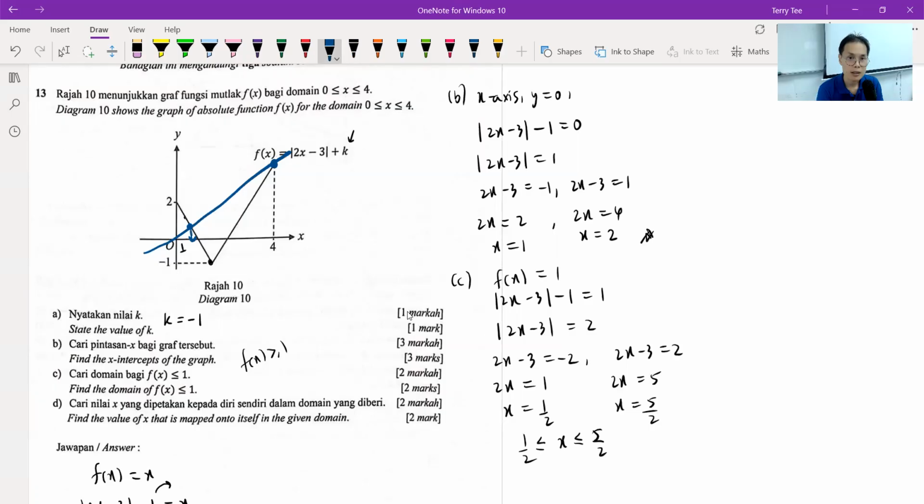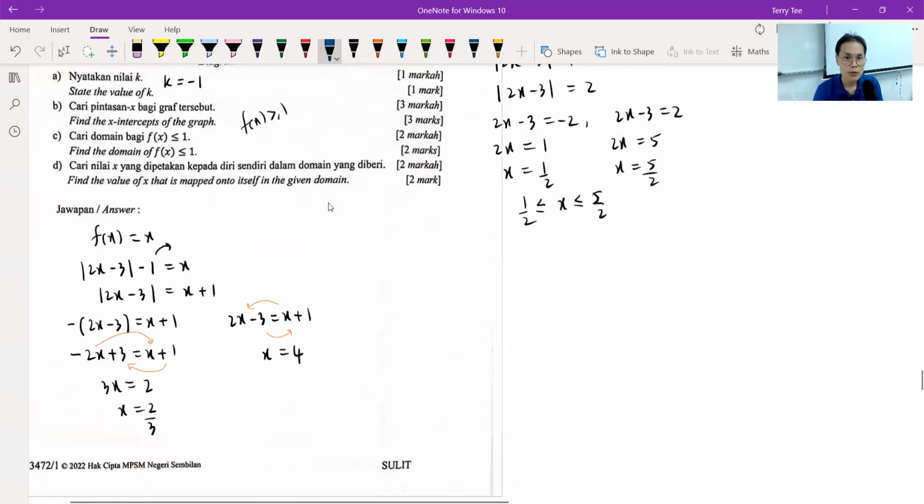The first one is here at x equals 2 over 3. The second one is here at x equals 4. You got 2 answers. In this case, we can accept both answers because they must fall within the domain and they are both well within the domain. Your maximum is 4. So x is 2 over 3 and 4.